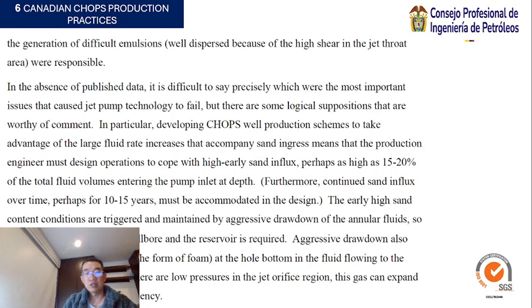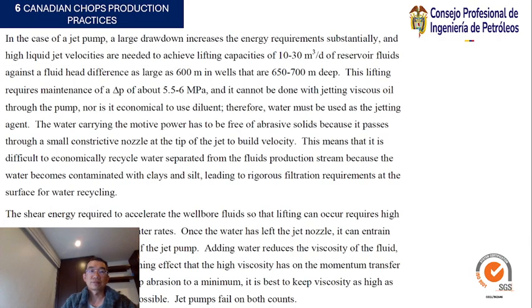Aggressive drawdown also means that the gas content, in the form of foam and at the wellbore bottom, in the fluid flowing to the pump intake can be large. If there is low pressure in the jet orifice region, this gas can expand suddenly, reducing pump efficiency.